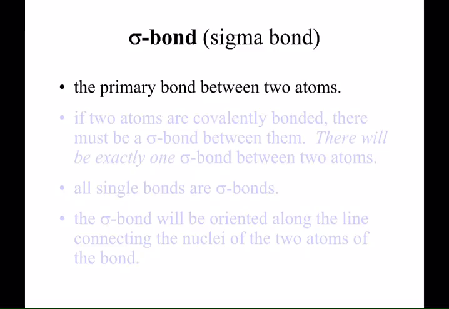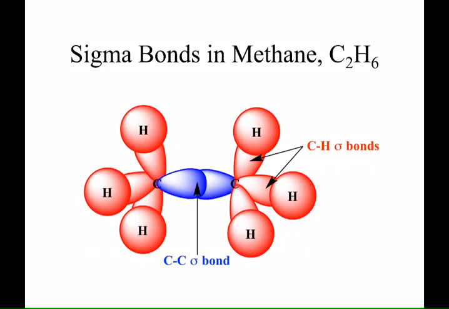So I went ahead and brought a new figure in to show you where the sigma bonds are. This is the atomic orbital of this carbon atom, and this is the atomic orbital of this carbon atom.